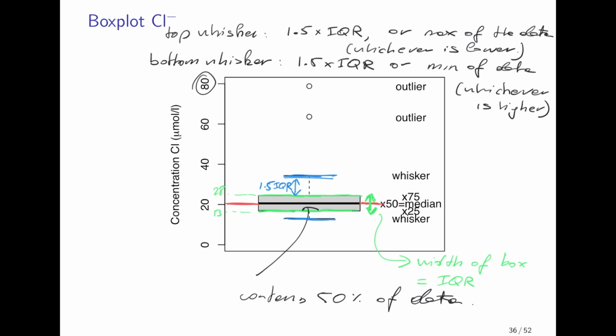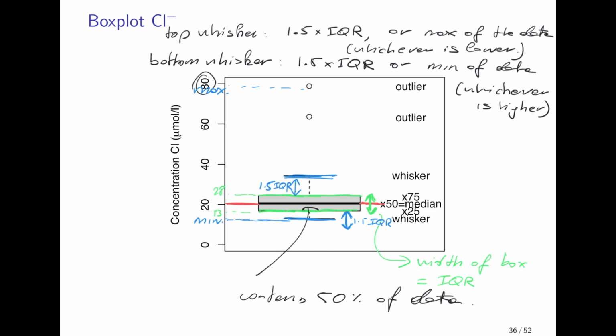So here our minimum was quite low. I forgot exactly what the value of the minimum was, but here we have that our lower whisker does not extend 1.5 times, is not 1.5 times IQR. That would be about this long, but it is the minimum of our data. So here we have our minimum, and here we have our maximum.